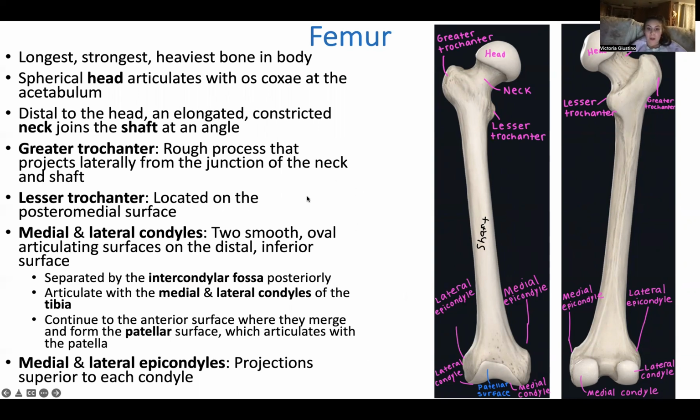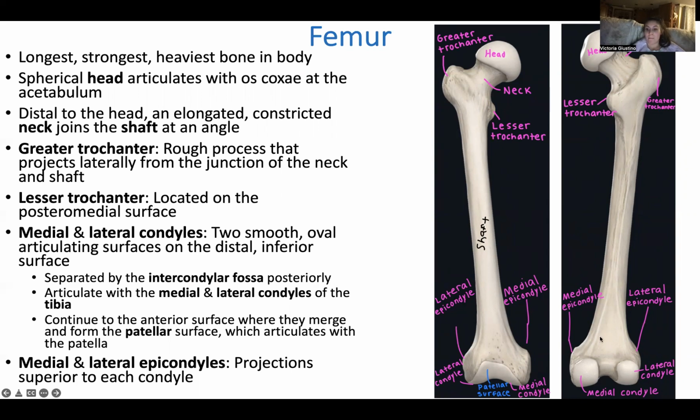Okay, and so now, unlike the one condyle on the distal humerus, the distal portion of the femur has two condyles. So it has a lateral condyle and a medial condyle. So here's the medial condyle, right? Because the head is medial, so you can tell that's the medial condyle. And then the lateral condyle here.